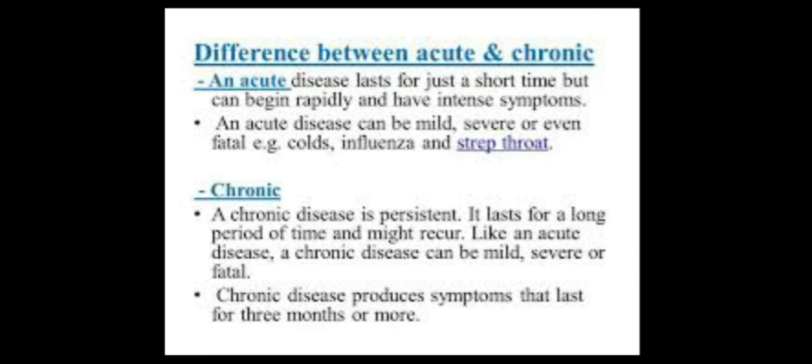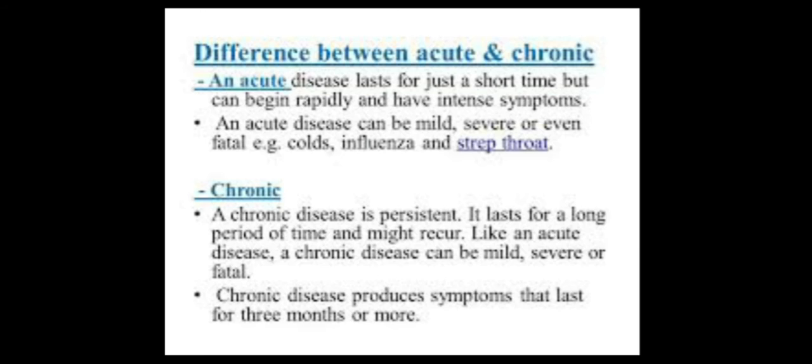Now, let me explain more about acute and chronic disease. Acute disease is a short period disease which can last for two or more days and very soon it will be recovered. Such diseases are called acute diseases.